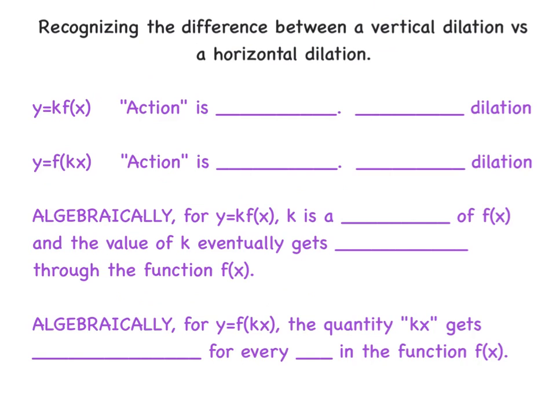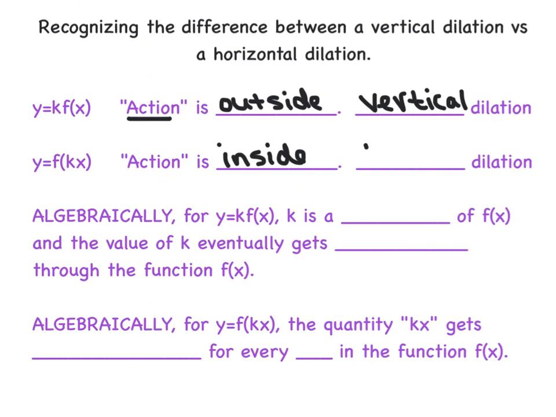Yesterday the k was on the outside, today it's on the inside. So let's see what we're going to say. Yesterday the action, so to speak, was on the outside. And what that did is that caused a vertical dilation. Compare that to today where the action's on the inside, and when it's on the inside, the effect is a horizontal dilation.